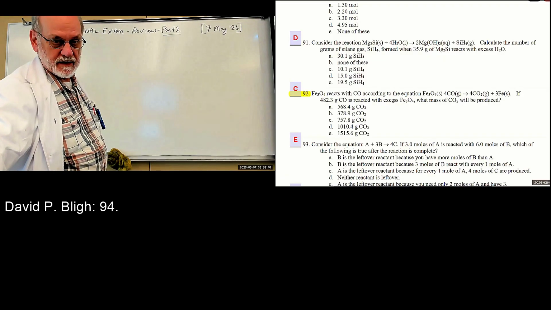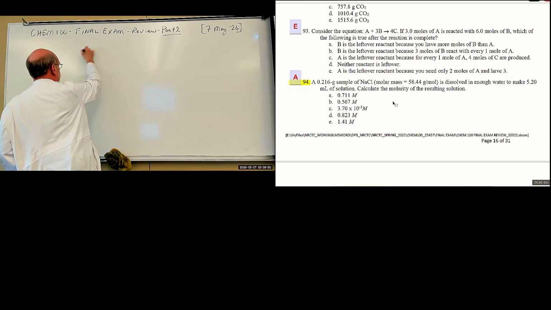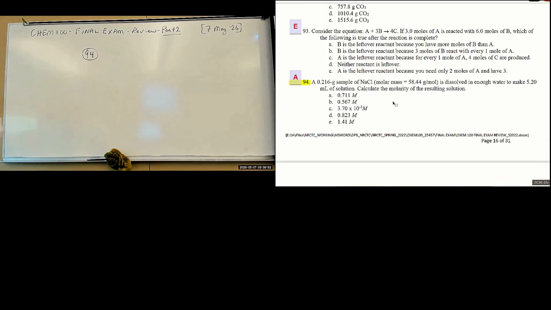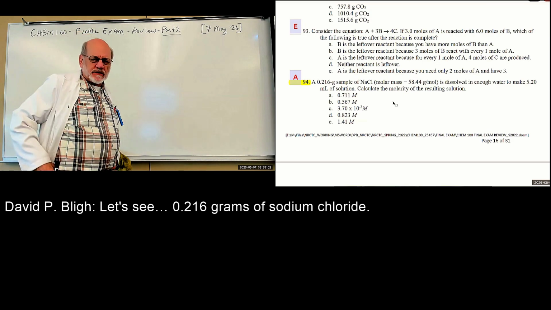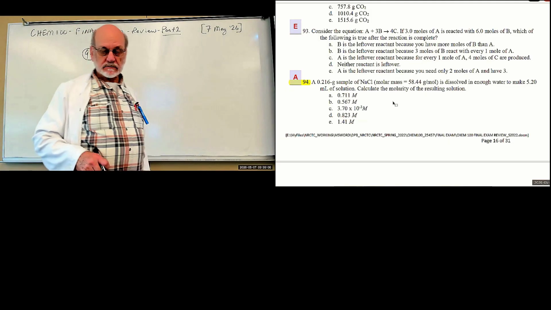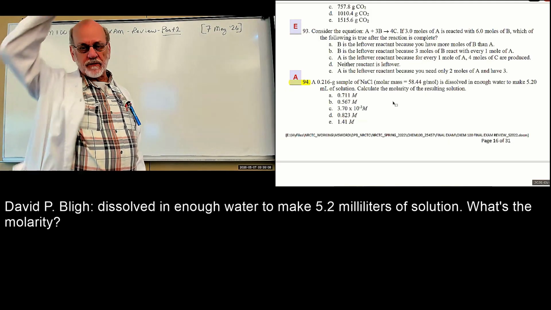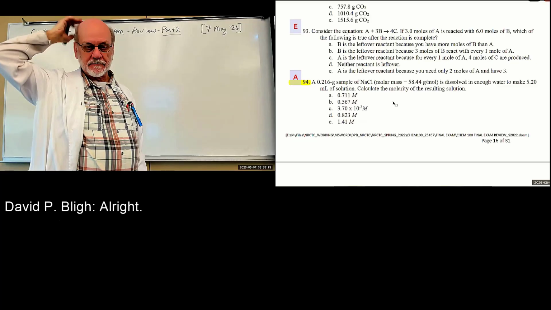All right, 94. Let's see, 0.216 grams of sodium chloride dissolved in enough water to make 5.2 milliliters of solution. What's the molarity?